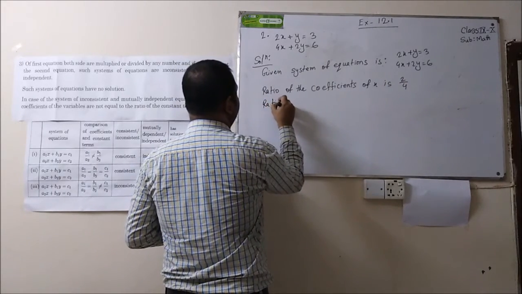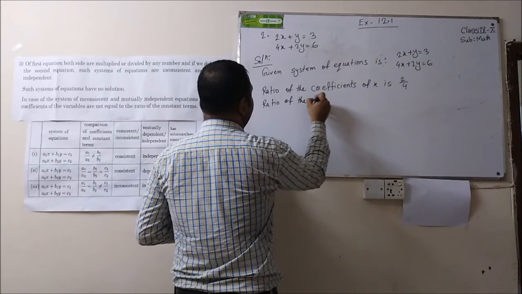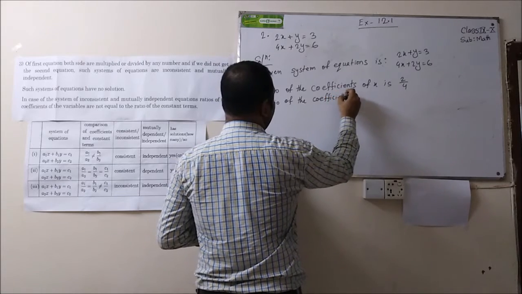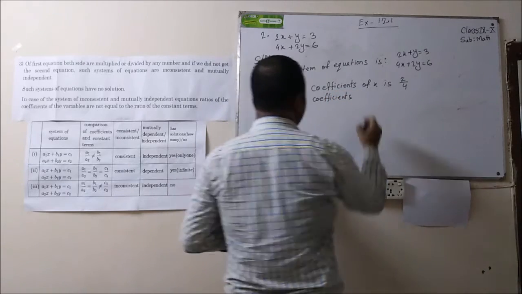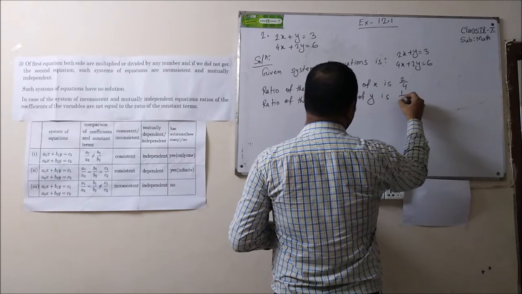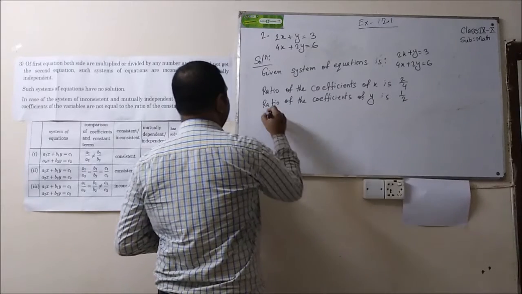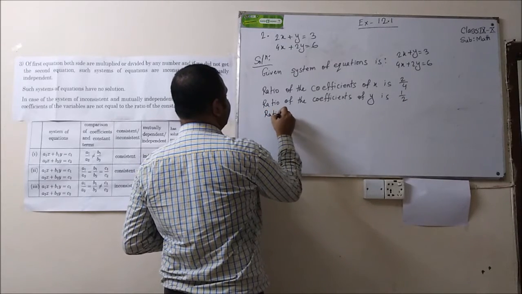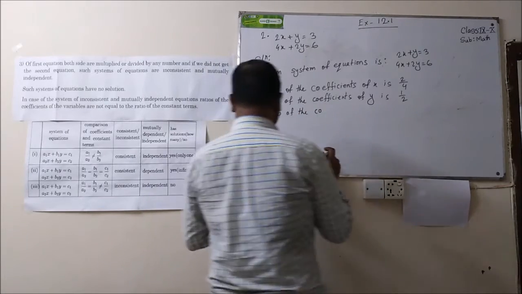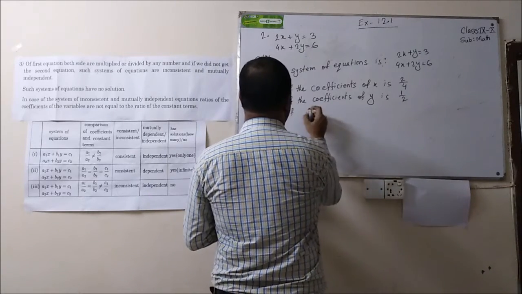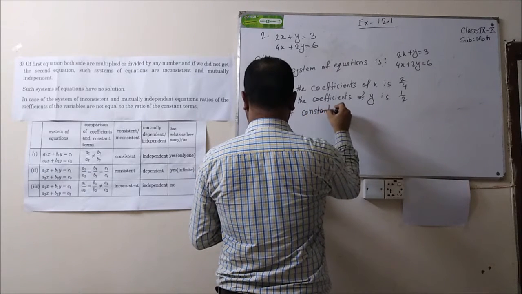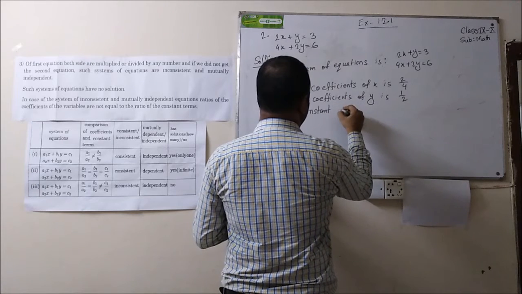Ratio of the coefficients of y is 1 by 2. Ratio of the coefficients of the constant terms is 3 by 6.